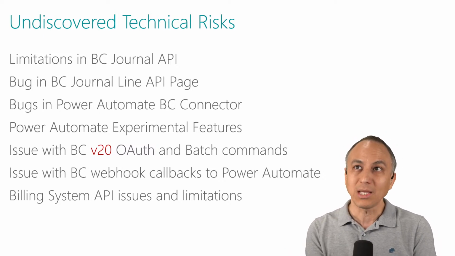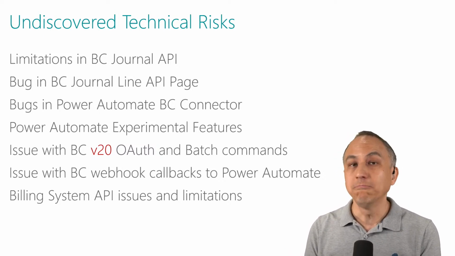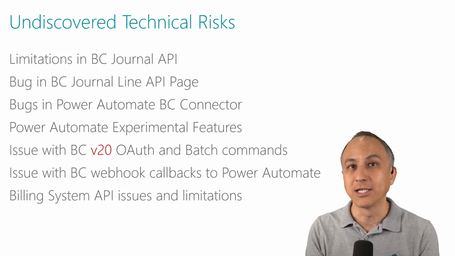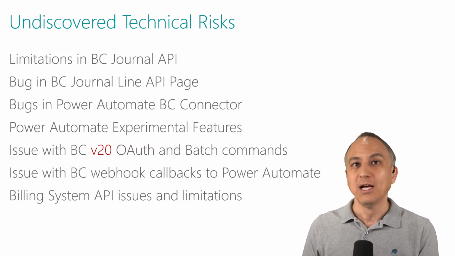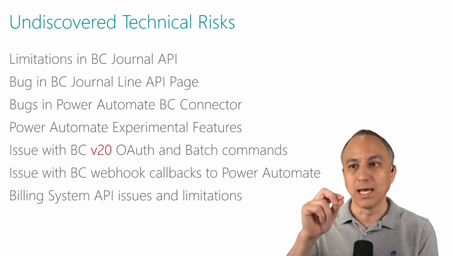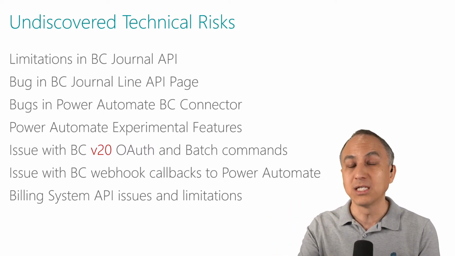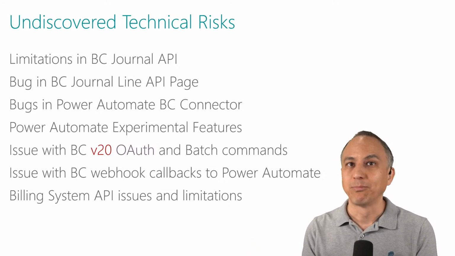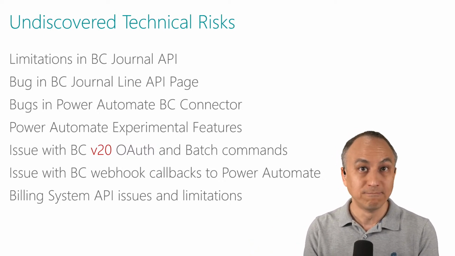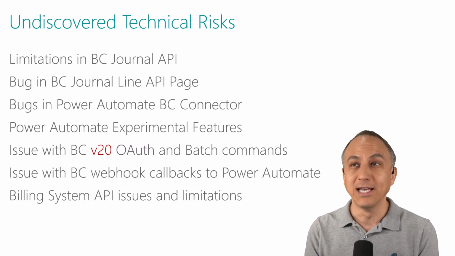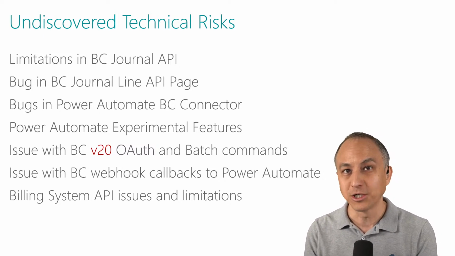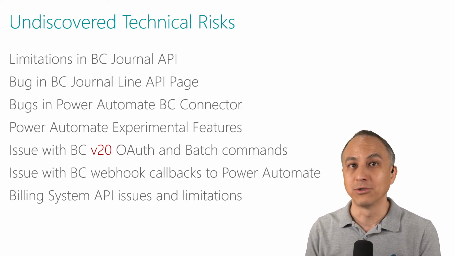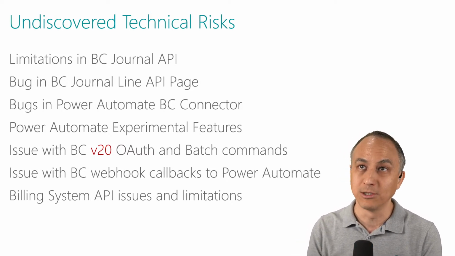So then someone will tell you, as someone advised me, well, maybe you need to enable the Power Automate experimental features. That will allow you to use a beta version, essentially an unreleased version of the Business Central connector. You could try that, but the word experimental might give you pause, and enabling experimental features in a production integration, in my experience, is not the greatest approach to solving problems for customers.